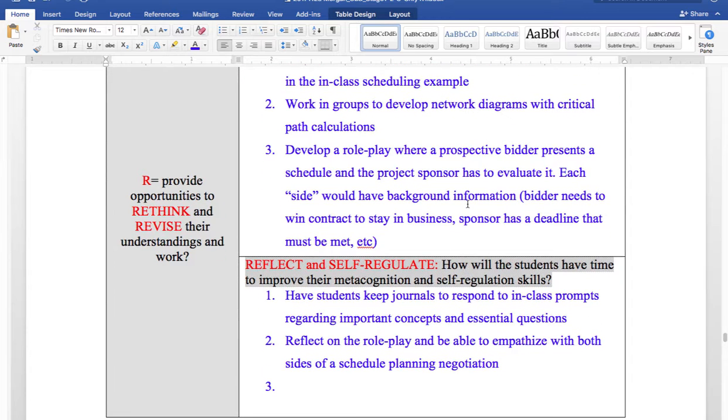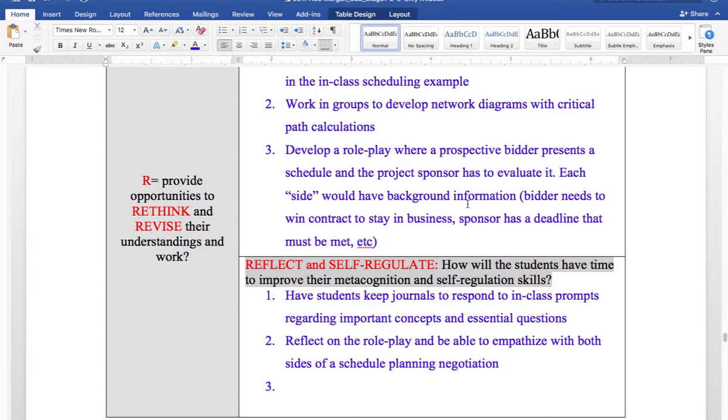And then one important feature would be to develop a simple role play where one set of students might represent prospective bidders trying to bid on a contract, and the other group of students would be project sponsors who are responsible for budgeting and awarding the contract and have to evaluate the schedule for how reasonable or realistic it might be.